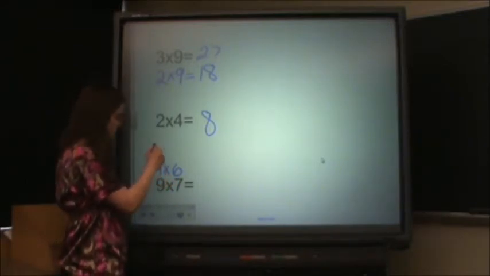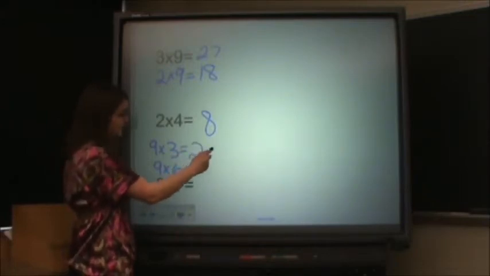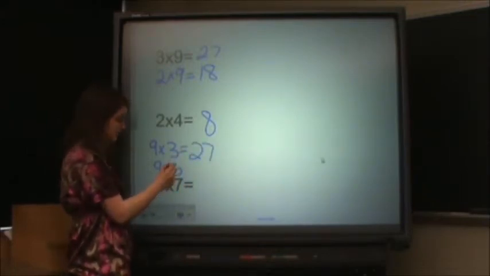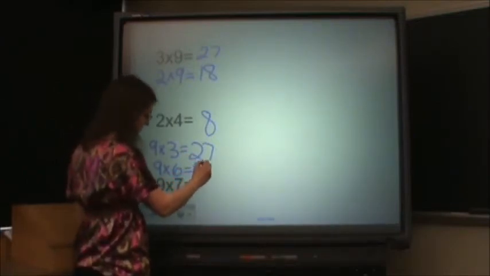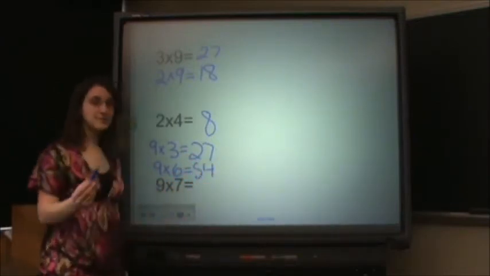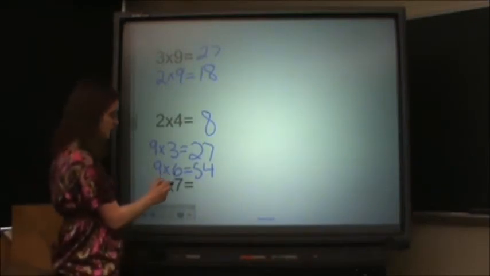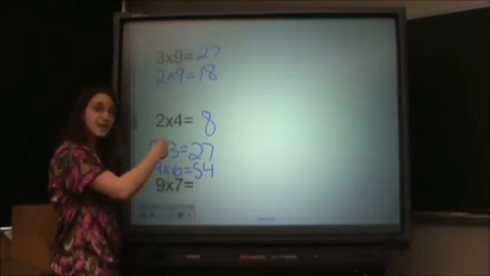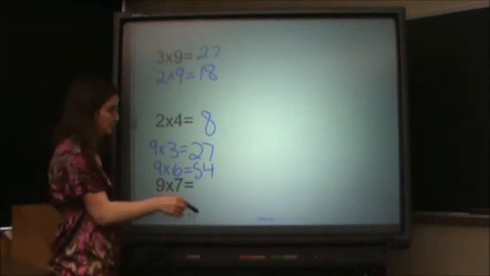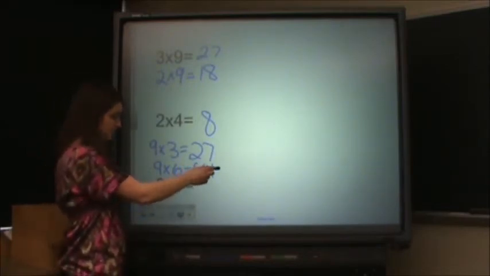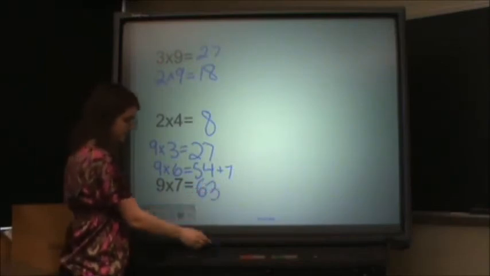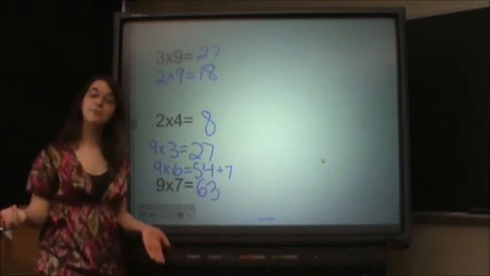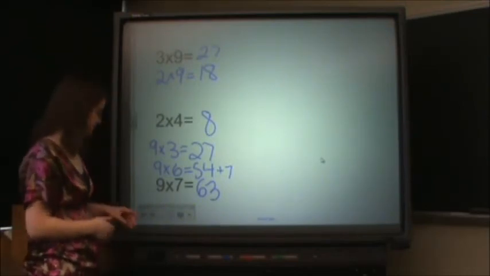So I decided to do 9 times 3, and I got 27, and that I doubled for 9 times 6, and I got 54, but I'm still not there yet. I need to plus 1. So I did doubling, and then I did plus 1. So plus 1, I'm going to add another set of 7, and that gets me to 63. So you can combine these in whatever way you need to get to the answer.